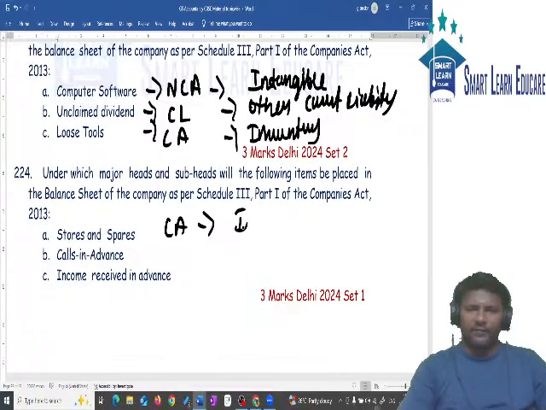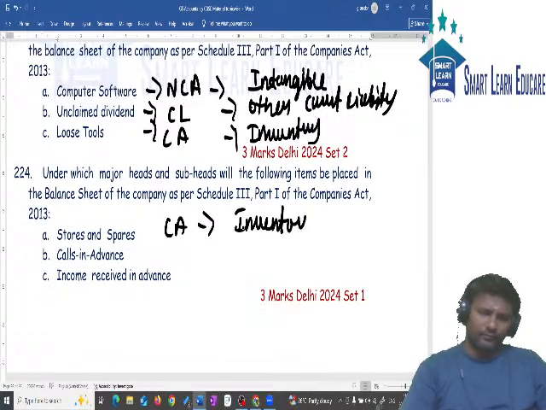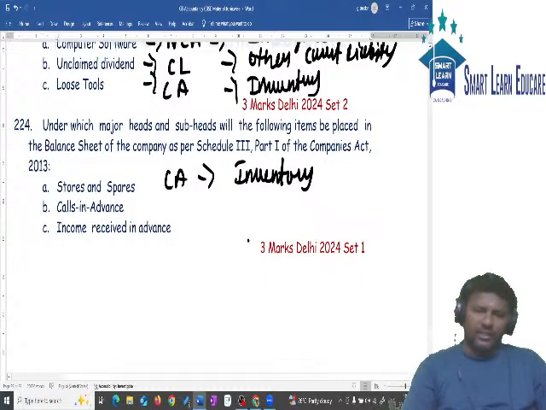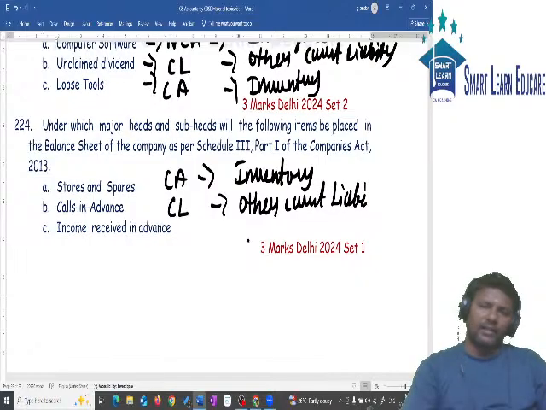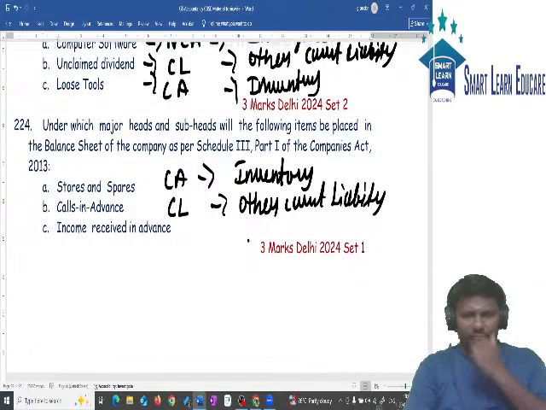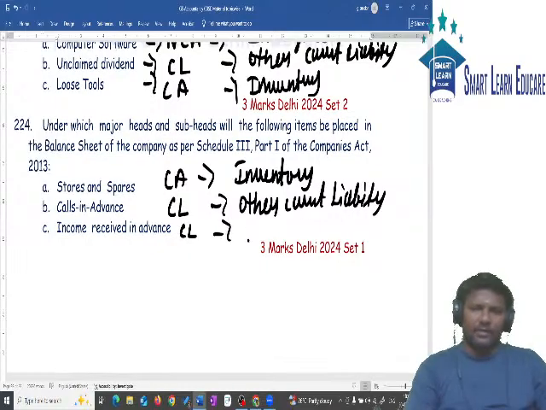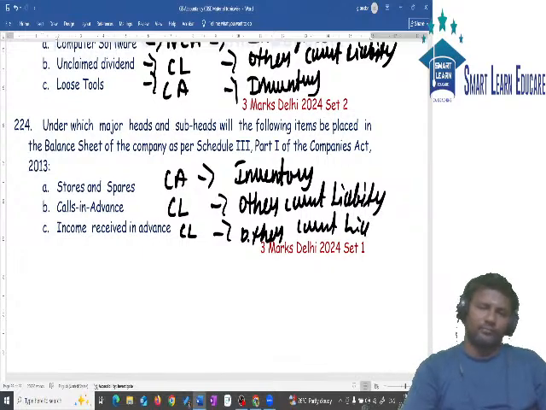Under current asset, it will come under inventory. Calls in advance is a liability, a current liability. It will come under other current liability. Income received in advance will come under current liability, other current liability.